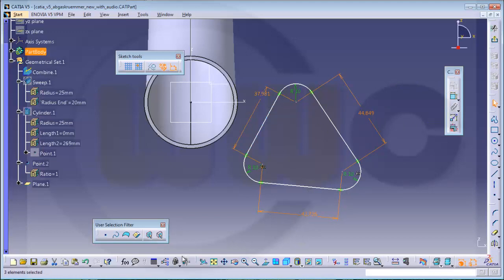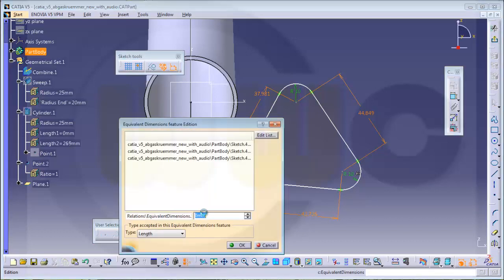So I go for this one, equivalent dimensions, and make it 6.5. And okay.